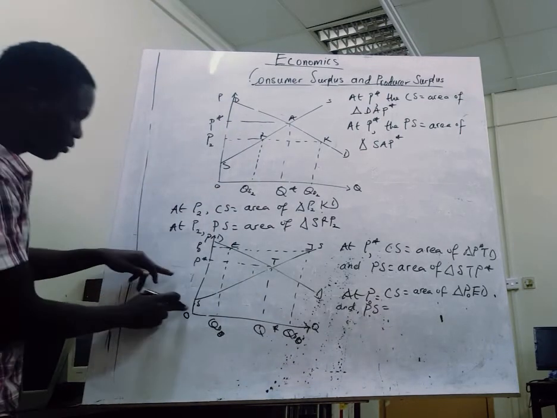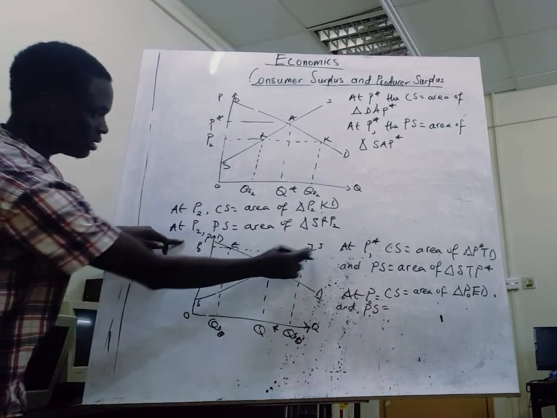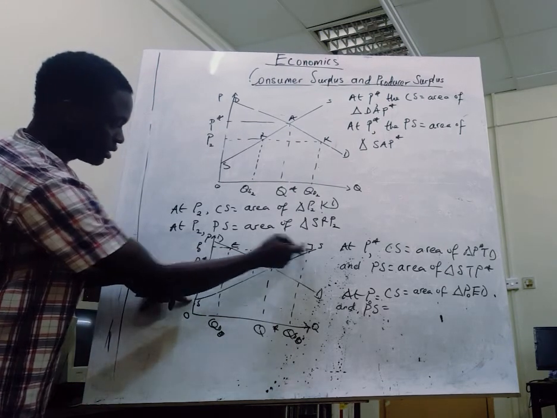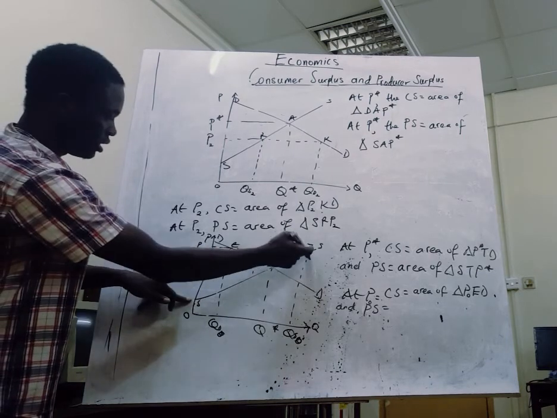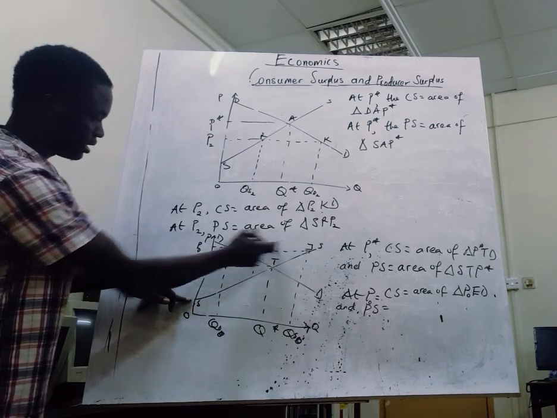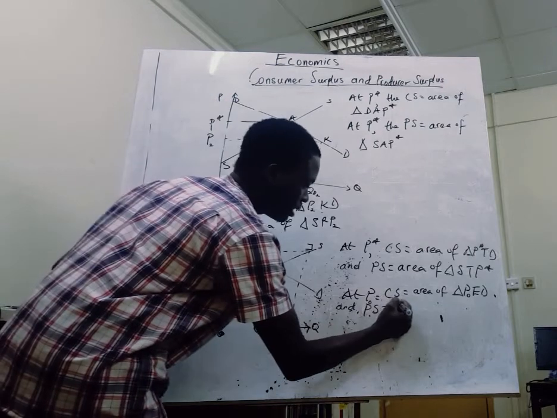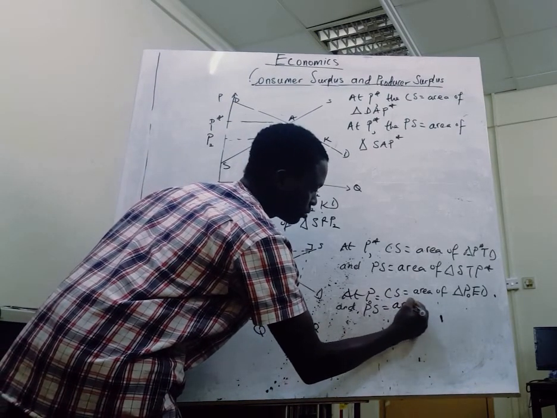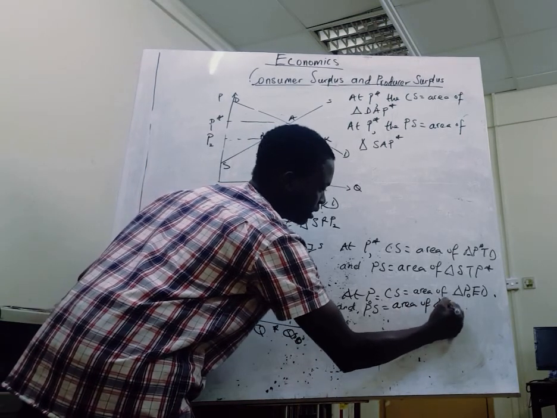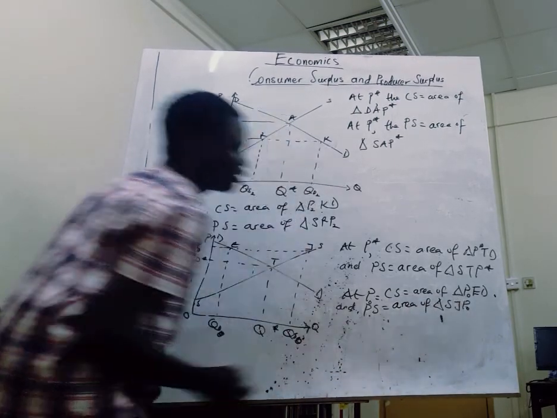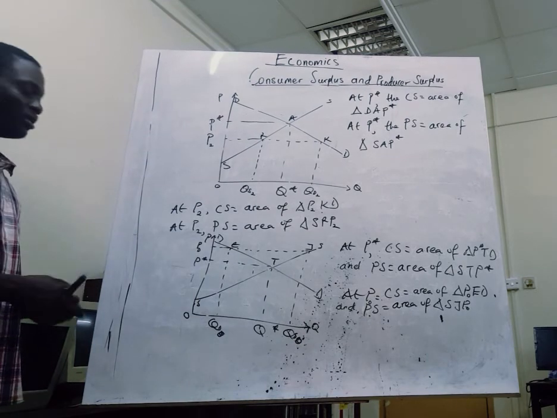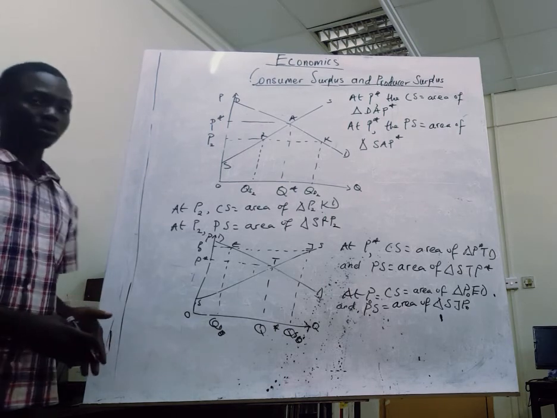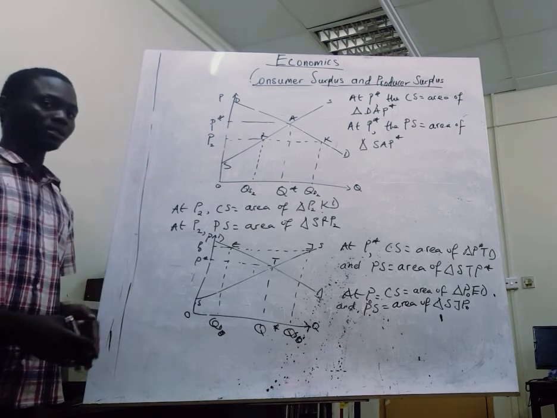This is the new price intersecting the supply curve here, so we have the whole of this up to this point, SJ P naught, and it is equal to the area of triangle SJ P naught. What we realize from this higher price is that producers benefit more because there's an increment in producer surplus, while the consumers are the losers this time around.